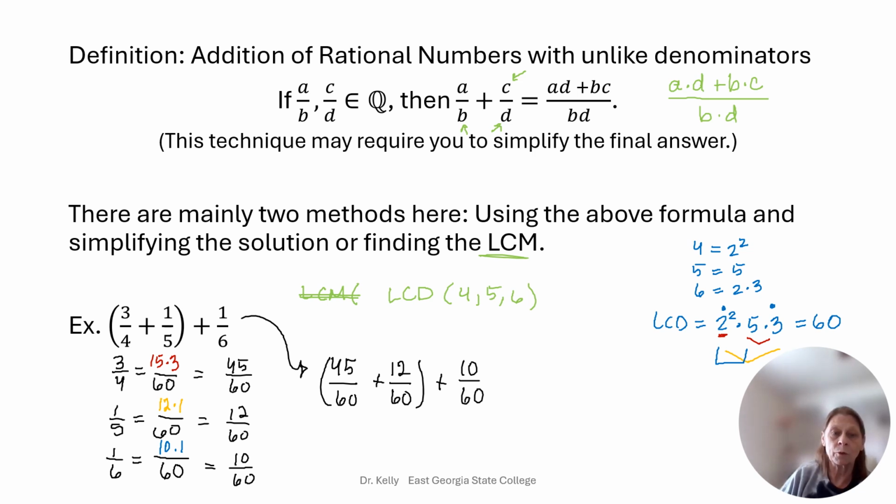And remember what the parentheses tell us to do. The parentheses have us grouped, so we have 45 plus 12, which is 57 over 60, plus 10 over 60, going to give us 67 over 60.